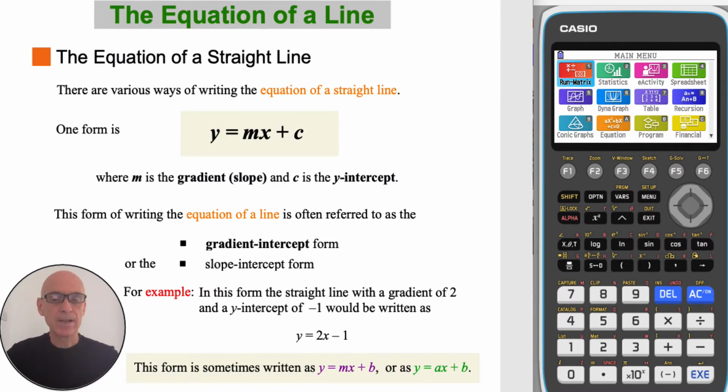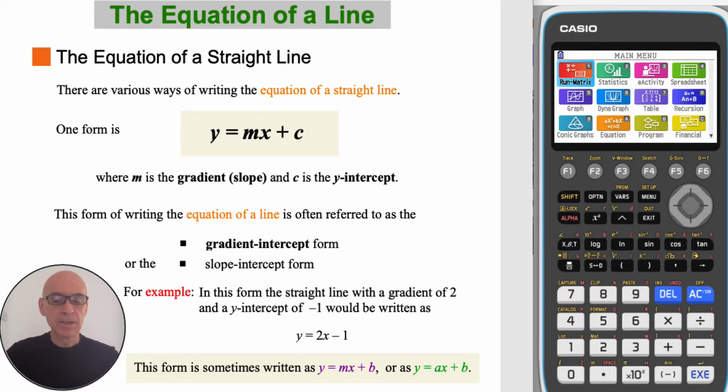There are various ways of writing the equation of a straight line. One form is y = mx + c, where m is the gradient, or the slope, and c is the y-intercept. This form is often referred to as the gradient-intercept form, or the slope-intercept form.